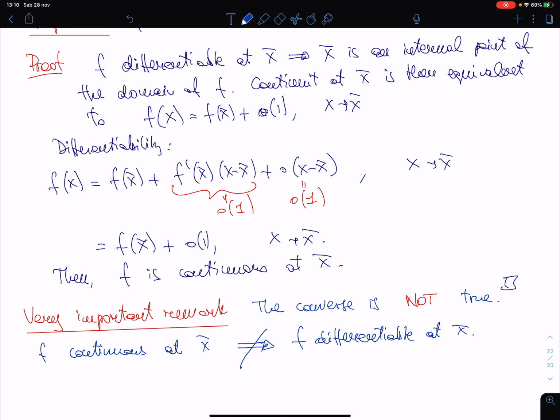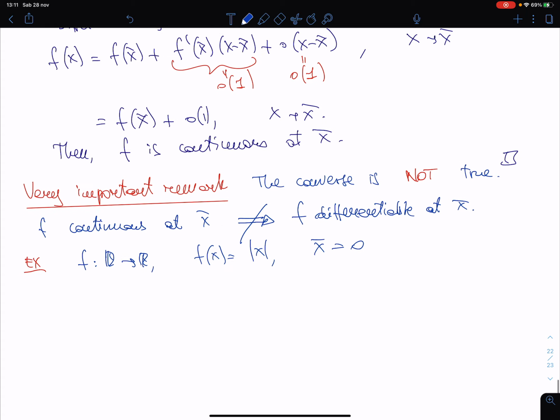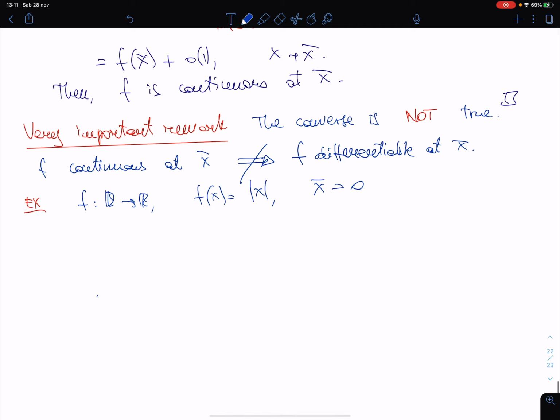Why? In order to deny an implication, we just have to give one specific counterexample. The typical counterexample one does is the following. Consider f from R to R, f of x is the absolute value of x, and x bar is 0. Okay, and this is the graph, which is well known, and we will draw it still several times.